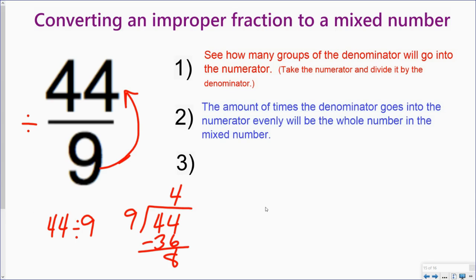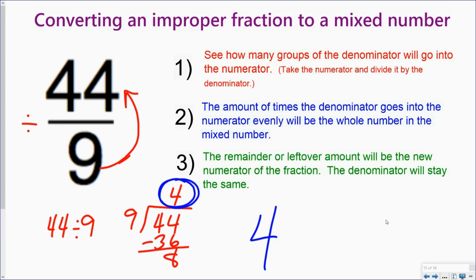So then I take the amount of times the denominator goes into the numerator evenly, which in this case was 4 times, and that becomes my whole number in the mixed number. So my whole number is going to be 4.